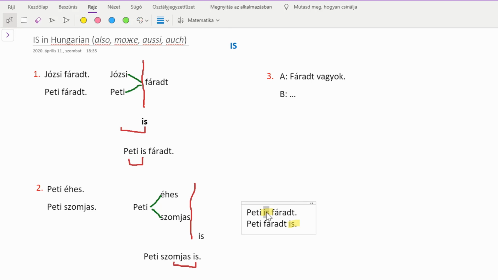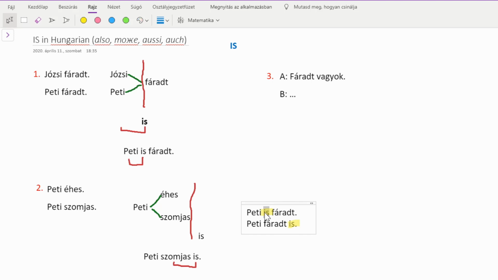Okay, so it is important to observe that ish is always placed after the word or the part of the sentence which may have several options or several versions or several conditions, or which may imply several subjects.